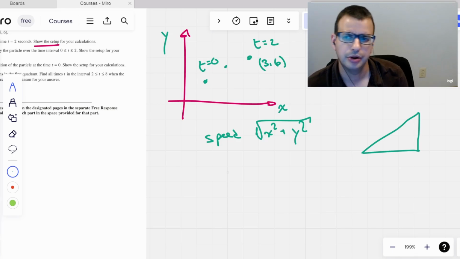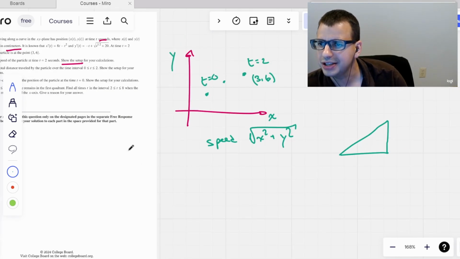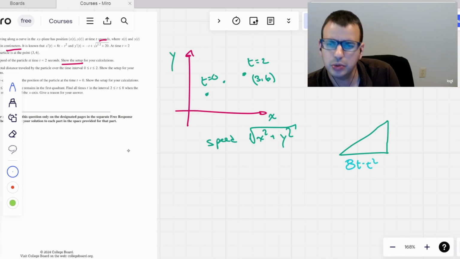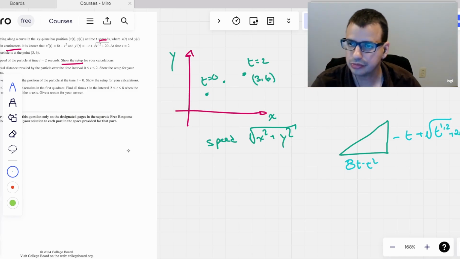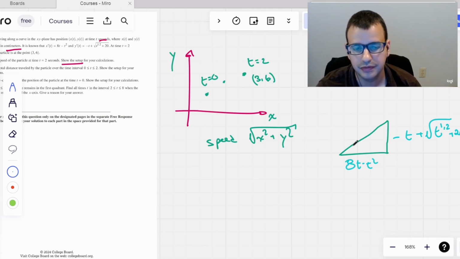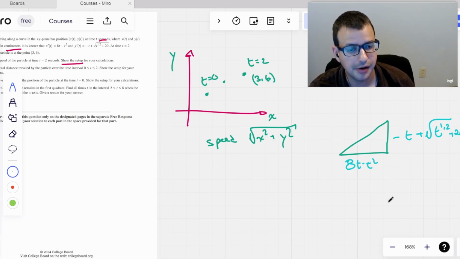So we have 8t minus t squared, and negative t plus the square root of t to the 1.2 plus 20, and then we're just going to square those.